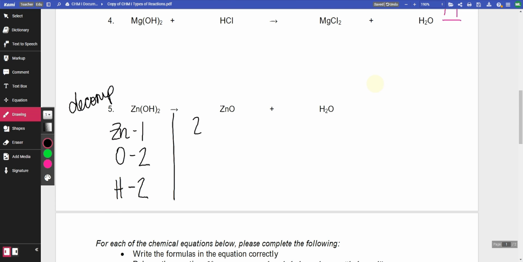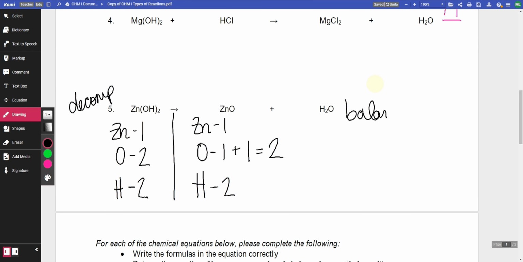Now on the product side, we've got 1 zinc. Now for O, we have 1 from the first plus 1 from the second to make a total of 2. And H there is 2. So that is an already balanced equation. Hopefully you guys got that figured out. The second email didn't say that one, but I just wanted to make sure that you got it.